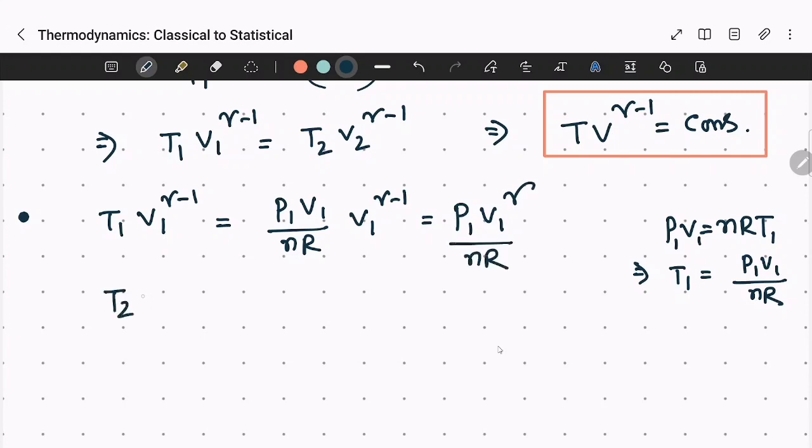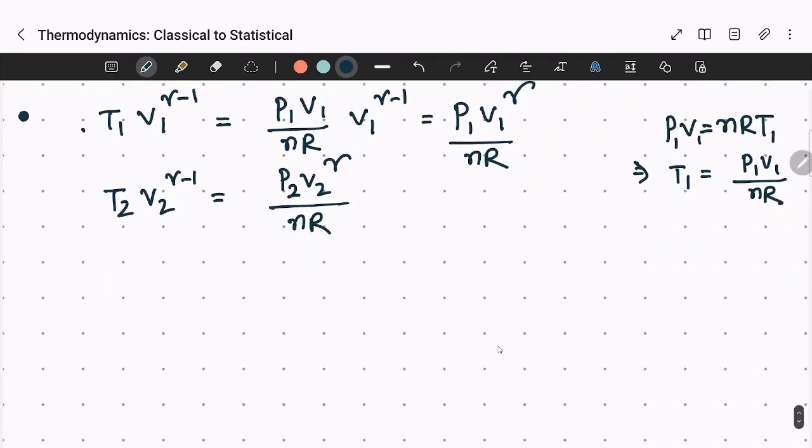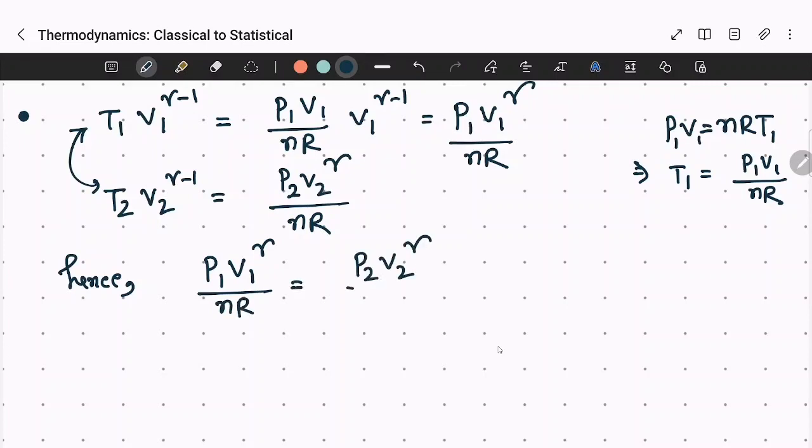Similarly, P2 V2 to the power gamma minus 1 can be written as P2 V2 to the power gamma divided by nR. Now these are equal. Hence, P1 V1 to the power gamma by nR is equal to P2 V2 to the power gamma by nR, which essentially means that P1 V1 to the power gamma equals P2 V2 to the power gamma.